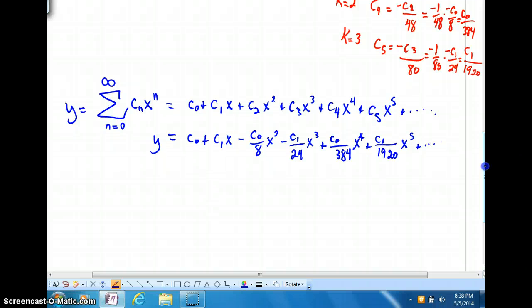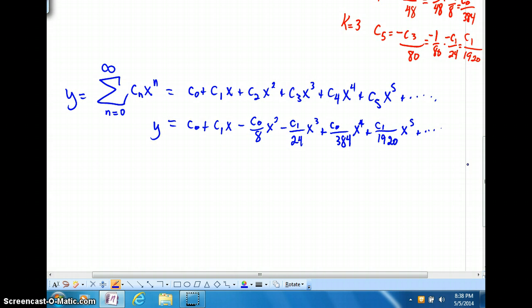What we're getting at is this. We could take a look at the family between c sub 0 and c sub 1. So if c sub 0 is equal to 1 and c sub 1 was equal to 0, then y would equal, well, c sub 0 would be a 1.